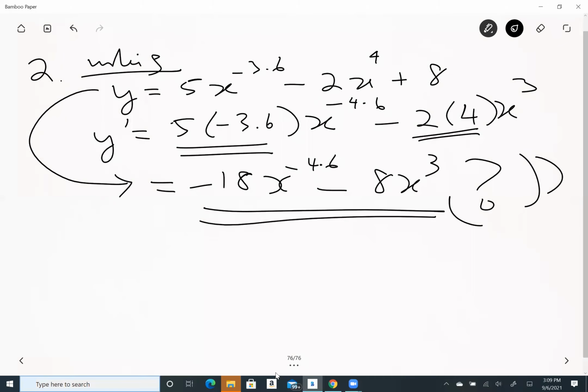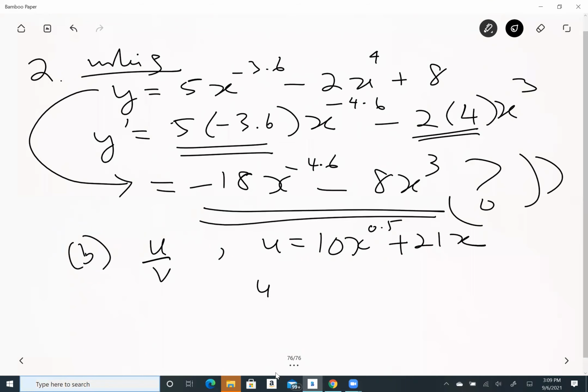The same thing applies to part B. You have U over V. In other words, you let U be equal to the numerator. So don't just tell me the derivative of U. You have to write U, so that you get 10 x to the power of 0.5 plus 21x.